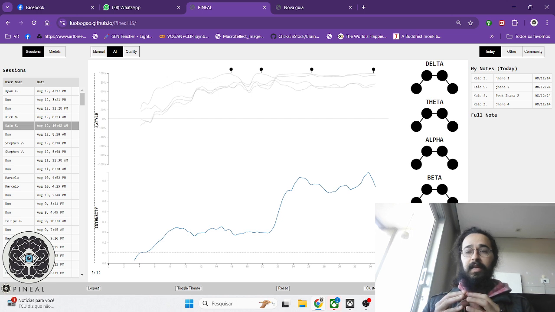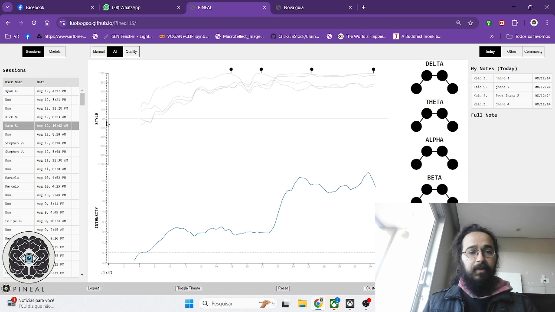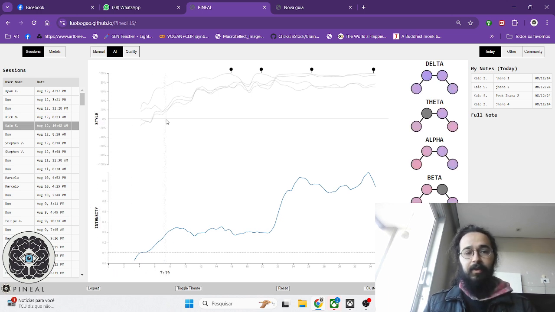The system takes the package of the data of the single session, but also of my other sessions, and of the sessions of people as well. And in the style, we have again this horizontal line here.